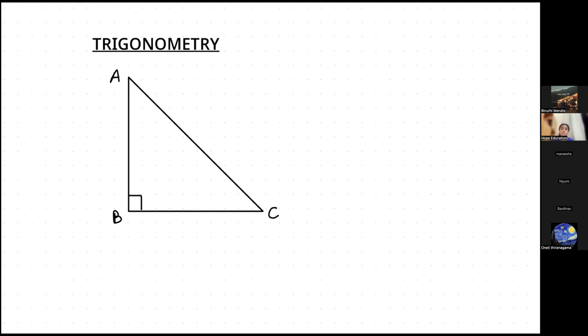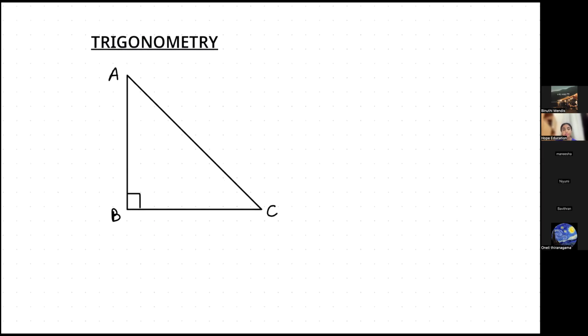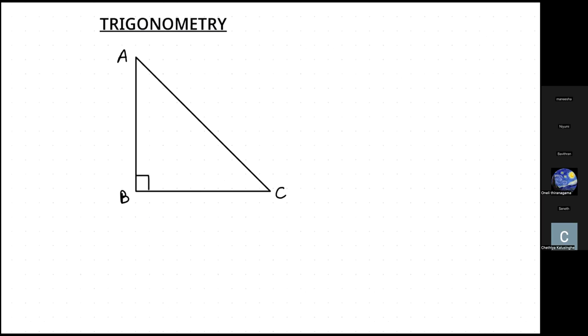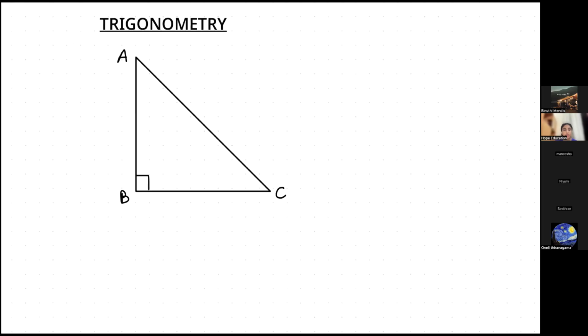From these sides, which side is the hypotenuse? Which side is the hypotenuse? Others? Here, we can clearly see that the hypotenuse is the side opposite the right angle. This is the right angle, no?